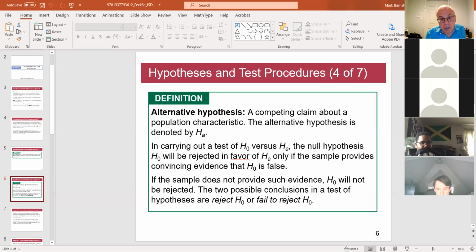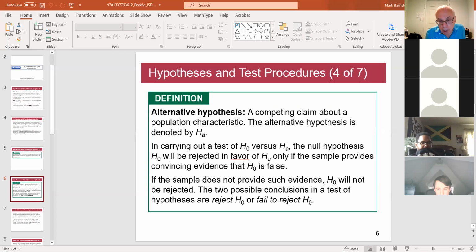Now, if the sample does not provide such evidence, if there's not enough evidence to reject the null hypothesis, then the null hypothesis will not be rejected. Now, we won't say we accept the null hypothesis, because it is possible that because we didn't find enough evidence, it's still possible the null hypothesis is false. It's just we didn't find enough evidence to reject it.